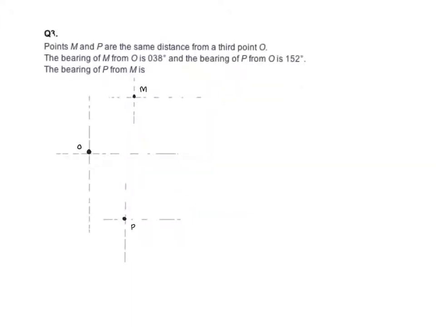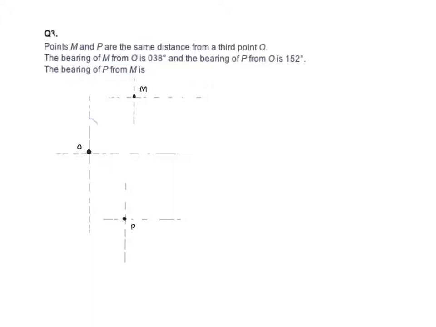Points M and P are the same distance from a third point O. So what you would be doing originally is setting up this one first. Do point O, because they're both going from point O. You draw your little compass line. Then it says the bearing of M from O. So that means we're starting from O's line and you go towards 38 degrees.